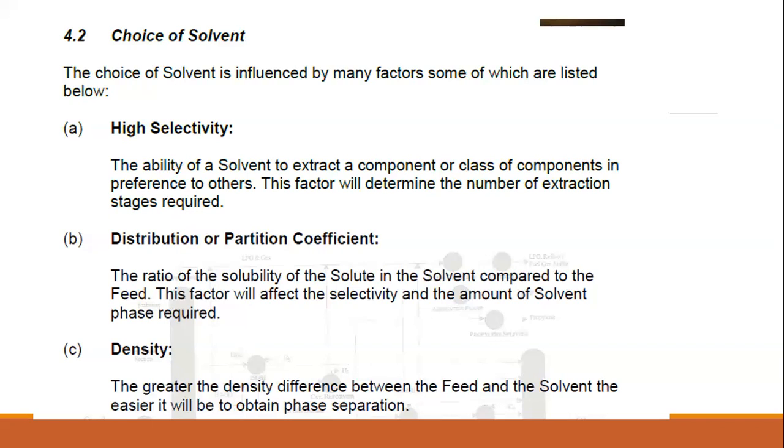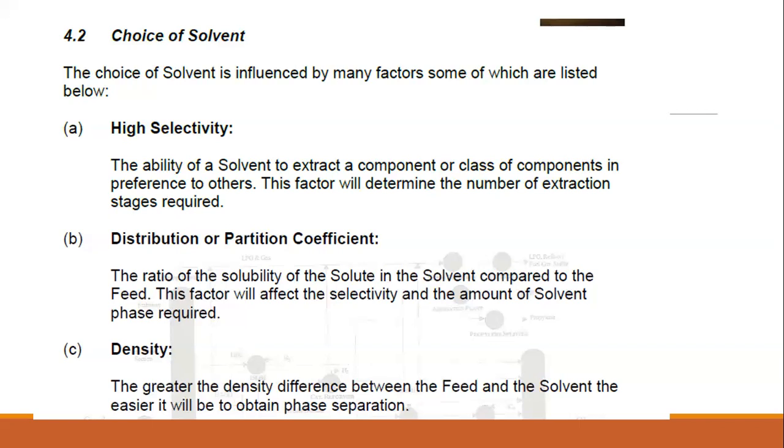So you will need to remove that solvent and reuse it by extracting out your particular solute, and then you can use it again. So this factor will affect the selectivity and how much solvent you require for the extraction.